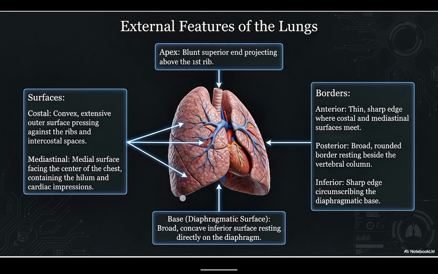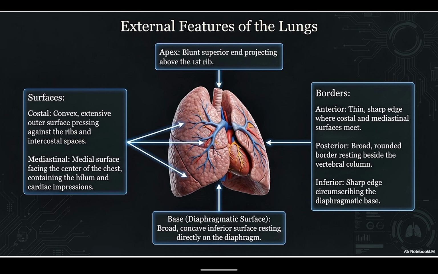So the posterior border of the lungs is resting on the vertebral column of the thorax. And the inferior border is a sharp edge which rests on the diaphragmatic base, on the diaphragmatic surface. Look at the inferior border. This is the inferior border. The inferior border rests on the diaphragm.